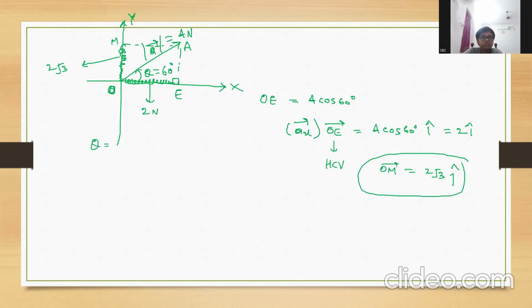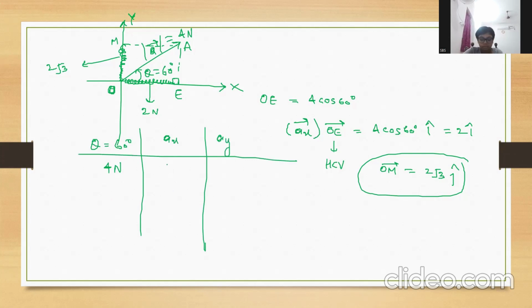Now try to understand the length of this vector when theta is 60 degrees. Our given vector is 4 Newton. I am writing its child vectors, Ax and Ay, only magnitude: 2 and 2 root 3.